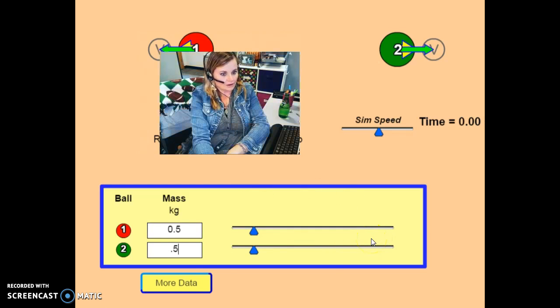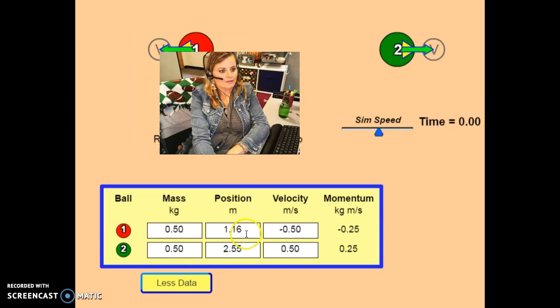And velocity 1, oh, there we go. Sorry, I couldn't find that at first. You have to hit more data. Velocity 1 is going to be 0.2 meters per second. Make sure you put the sign in like I'm saying, but that's a positive 0.2.